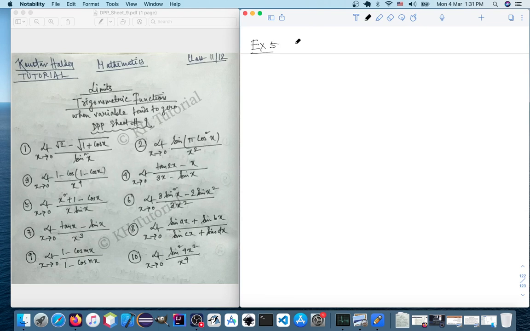Problem number 5, it says limit x tending to 0 of x square plus 1 minus cos x divided by x sin x. Okay. 1 minus cos x, we can write it as 2 sin square x by 2.